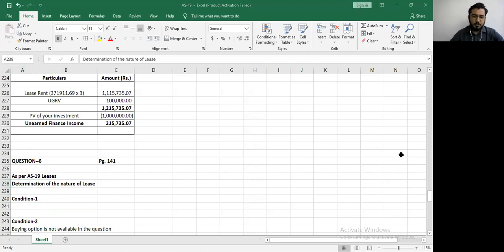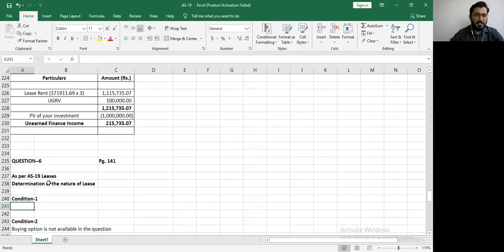Okay, my first question to you is, is the ownership coming back to the lessor? Is the ownership coming back to the lessor? That is my question. Yes, which means the first condition is not getting satisfied.